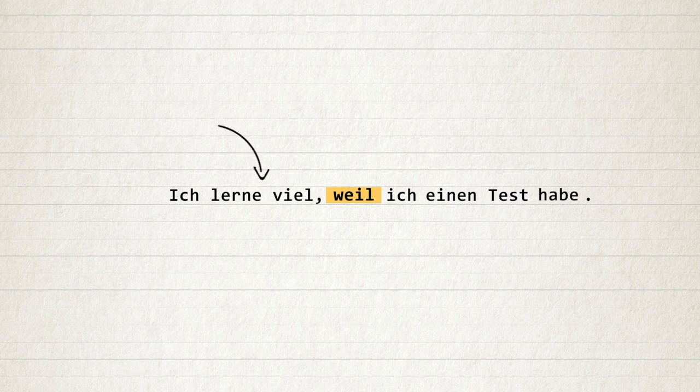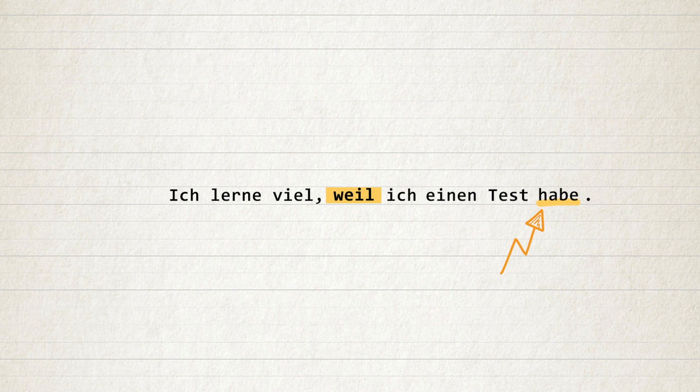The first sentence has a normal word order, right? Subject, verb, rest. The first thing that we can see changing is the comma. It may not seem like much, but there will always be a comma in front of the conjunction weil. And the second very important thing that happens is, look where the verb goes.